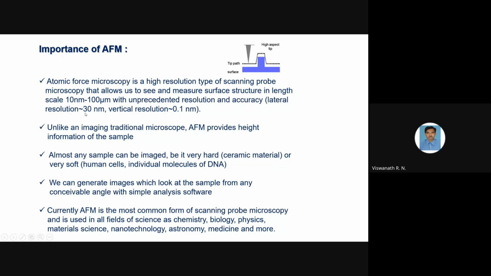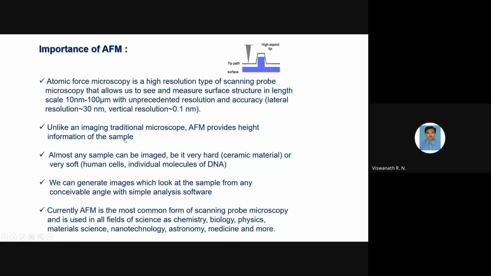Lateral resolution is 30 nanometers, vertical resolution 0.1 nanometer. Unlike a traditional imaging microscope, AFM provides height information. That is why the resolution is very good. Height information of the sample is very difficult with other techniques.